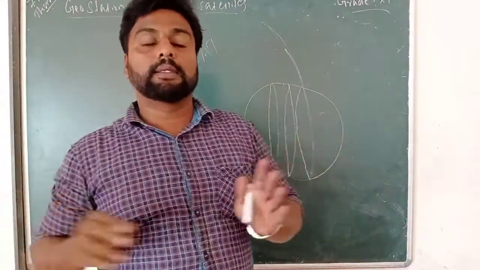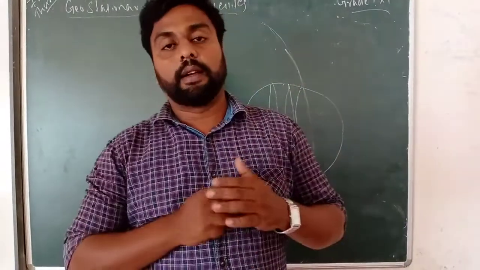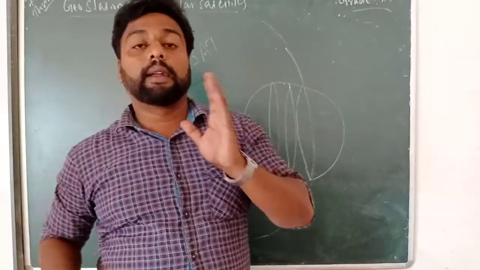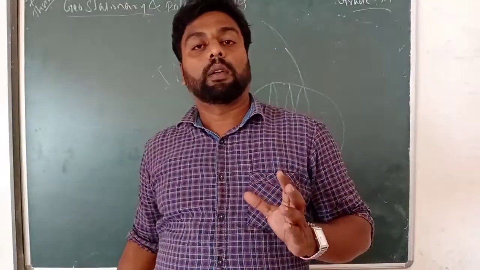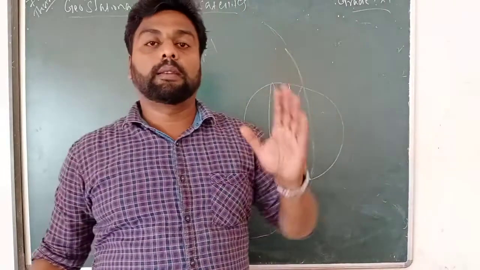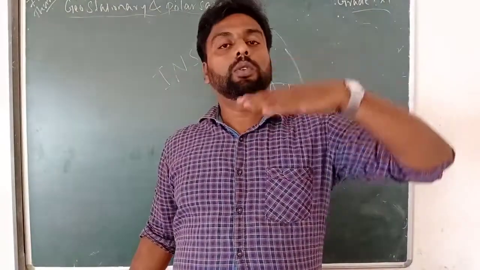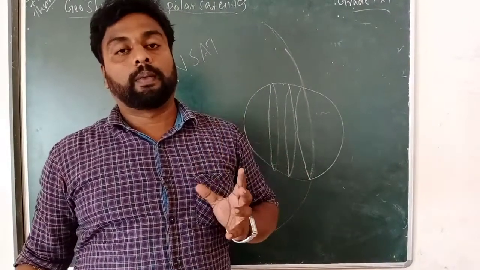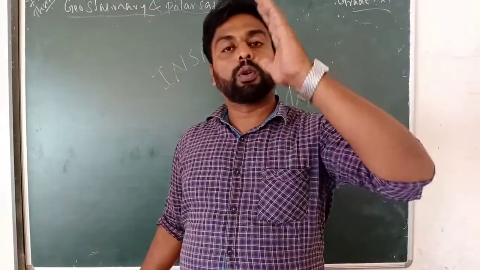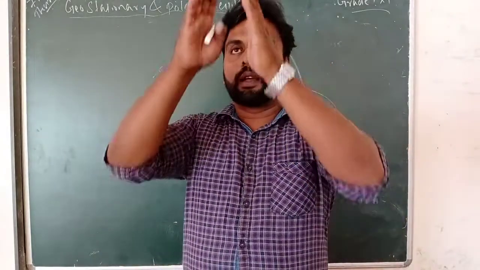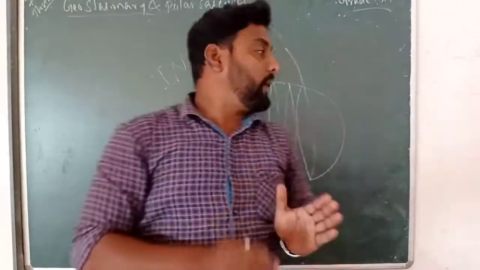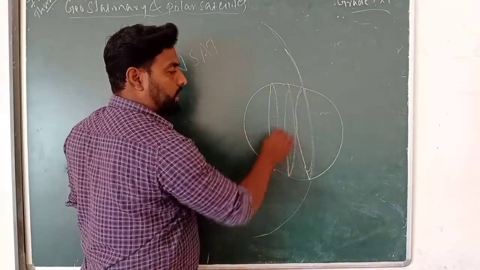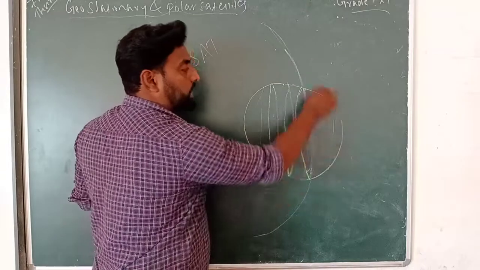It is held at just 500 to 800 km. Polar satellite means it orbits the Earth from north pole to south pole, from pole to pole. It covers first one strip of area, then another strip, then another strip, then another strip.